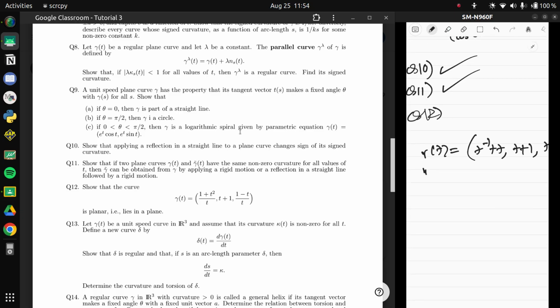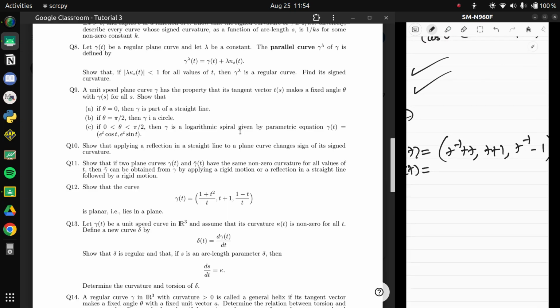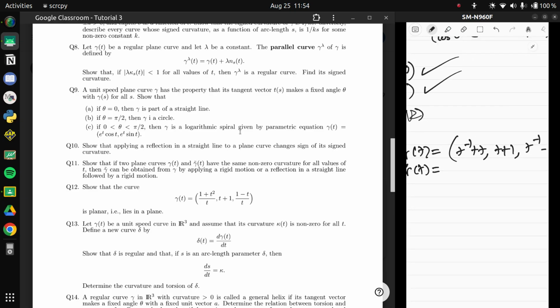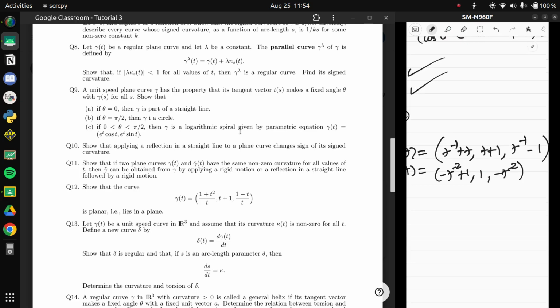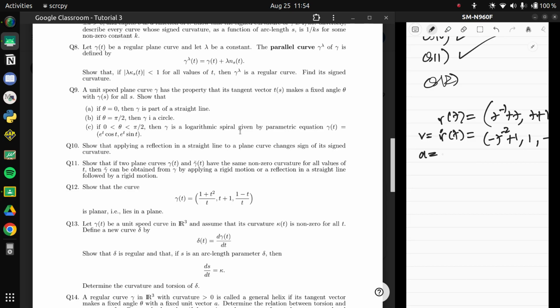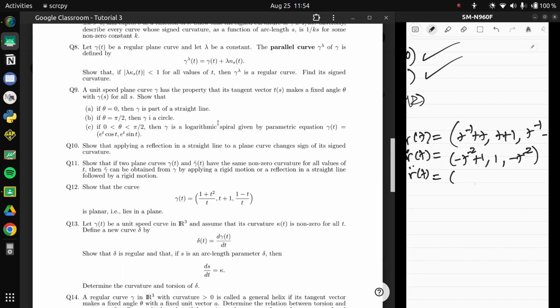So r dot, basically the velocity, is equal to (negative t to the power negative 2 plus 1, 1, minus t to the power negative 2). Your acceleration, r double dot of t, is equal to (2t to the power negative 3, 0, 2t to the power negative 3).